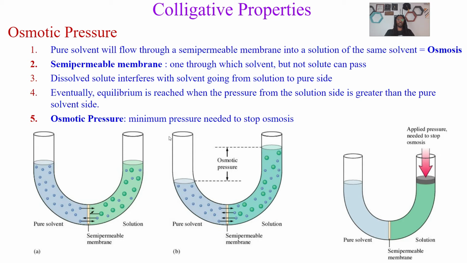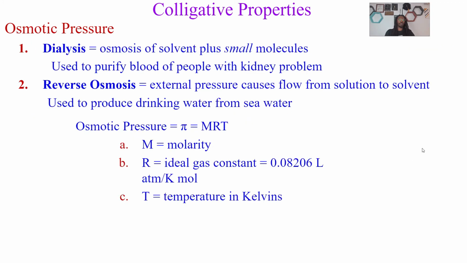Osmotic pressure, once again, we can just think of this term as the minimum pressure needed to stop osmosis. So once we get to osmotic pressure, no more osmosis is going on. We're not going to get any more pure solvent going through here because it's reached its point. It's at equilibrium. It's done.